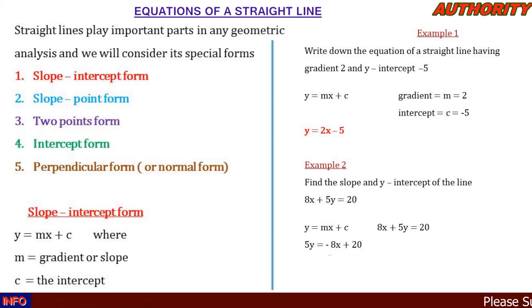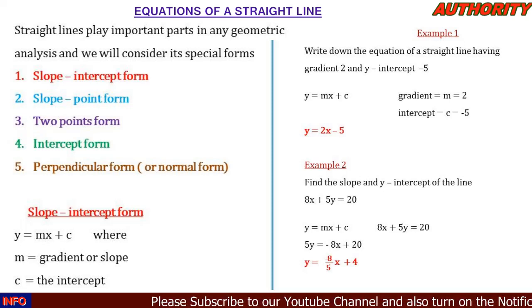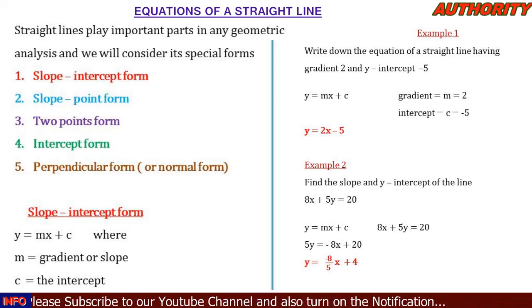We have 5y divided by 5, minus 8x divided by 5, plus 20 divided by 5. So y is equal to minus 8 all over 5 x plus, 20 divided by 5 gives us 4. So the equation of the line is y is equal to minus 8 all over 5 x plus 4.